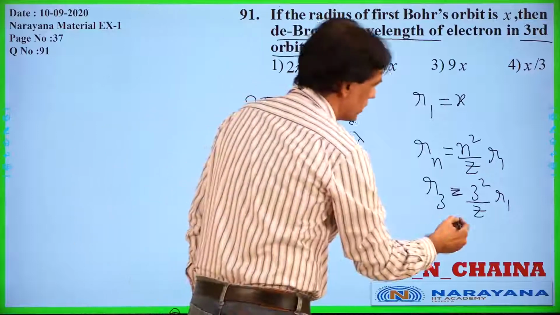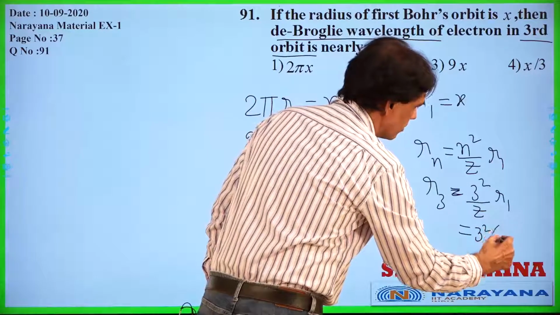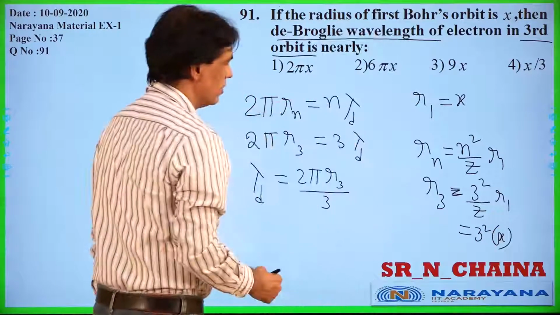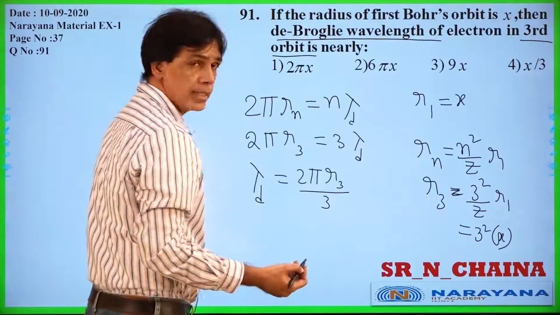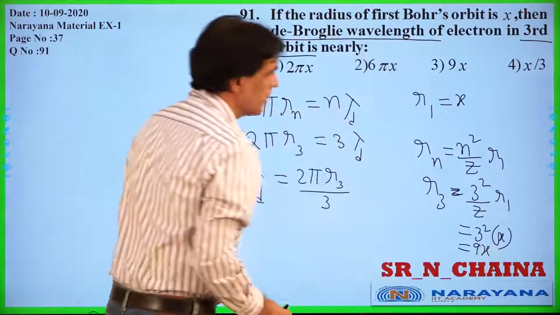Z is 1, so I'll take 3 square, and R1 is given as x, so R3 can be substituted as 9x. Clear? Hope you understood.